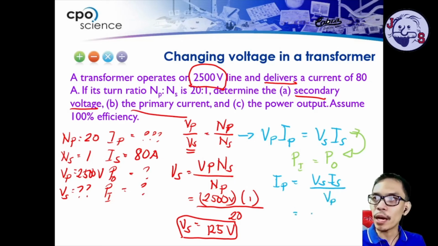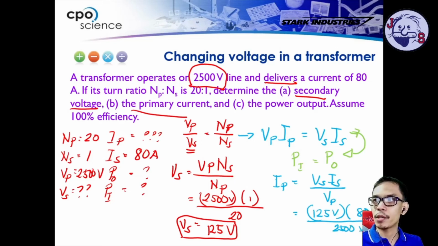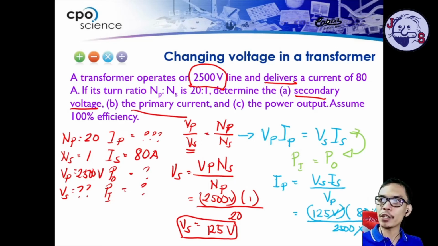So what is the secondary voltage? We have 125 volts times the current of 80 amperes over the primary voltage of 2,500 volts. The volts cancel, leaving the amperes behind.